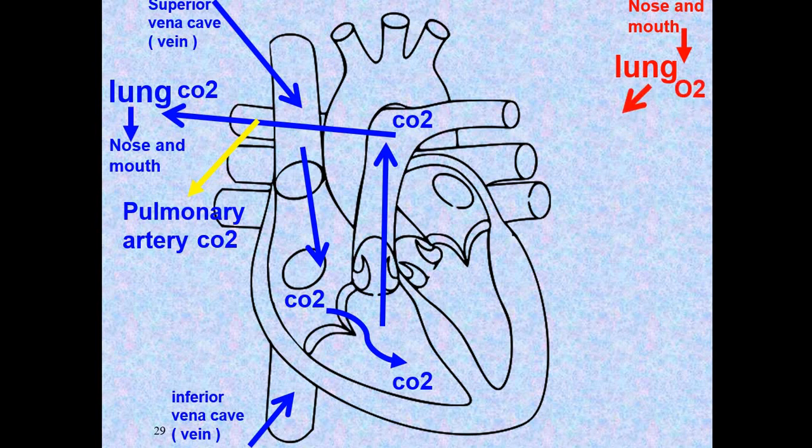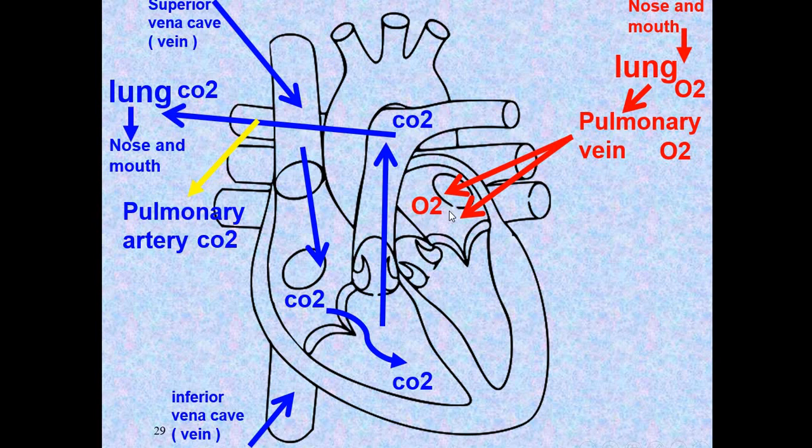Then the lung gives the oxygen to the pulmonary vein. This is the pulmonary vein. This tube, okay? This is the pulmonary vein. Then the pulmonary vein will give the blood rich with oxygen to the left atrium.